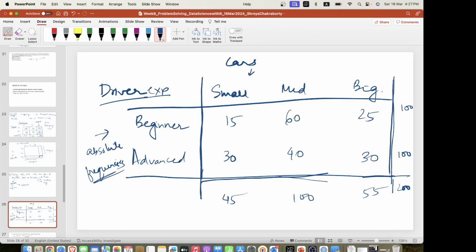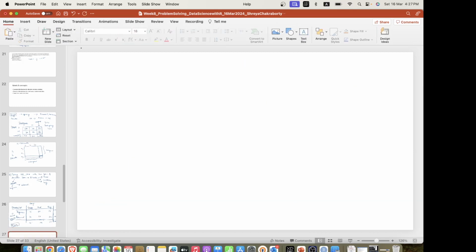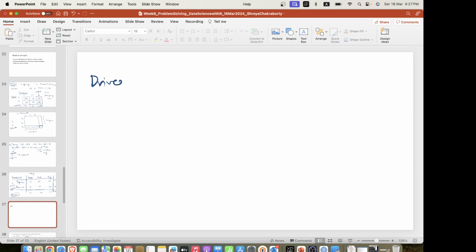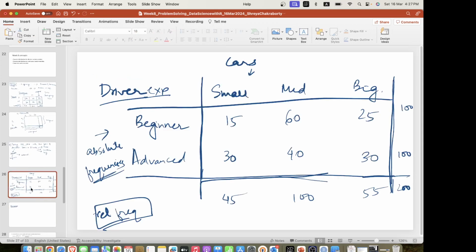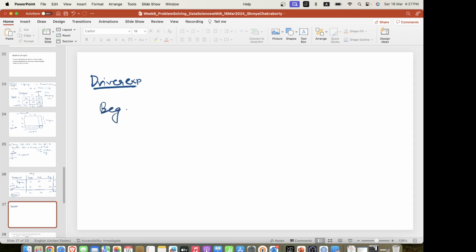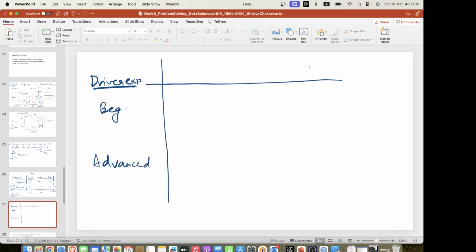So this is your frequency distribution. Now if you want the probability distribution, if you remember, probability is approximation of relative frequencies, right? So if you have to convert this to relative frequency, driver's experience is this thing. Let's say beginner, and this is advanced. This is your small, this is your medium, this is your big.